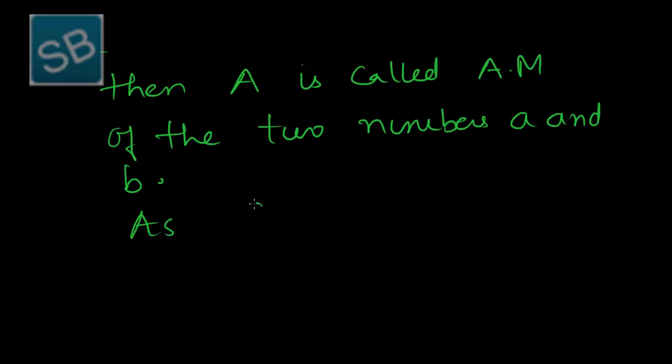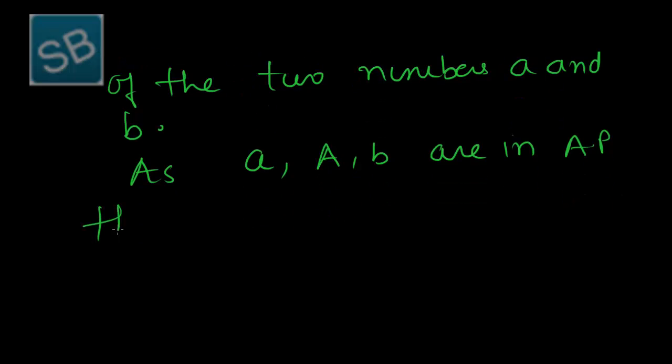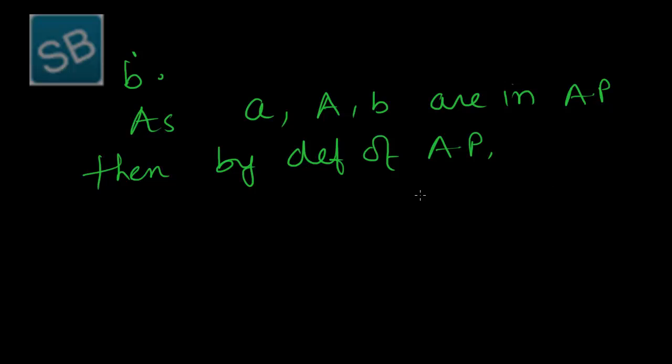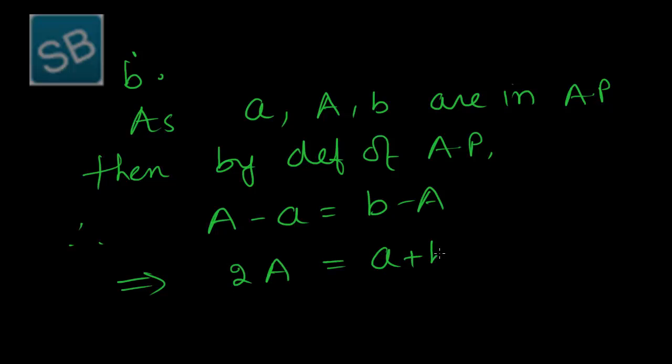As a, capital A and b are in AP, then by definition of AP, the common difference between consecutive terms is the same. Therefore, capital A minus a is equal to b minus capital A. So we get 2 times capital A is equal to a plus b.